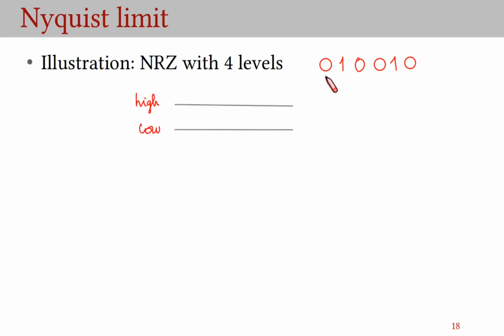So this NRZ encoding of 010010 is going to look like low followed by high followed by low followed by another low followed by high and followed by low. So this is 0 1 0 0 1 0.